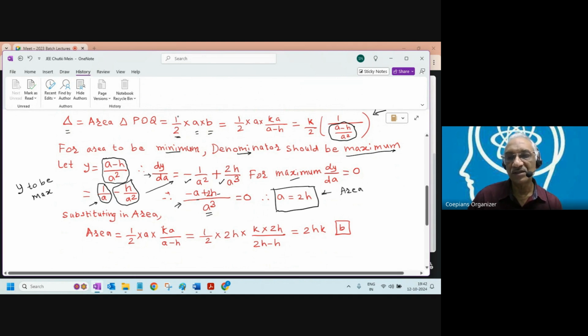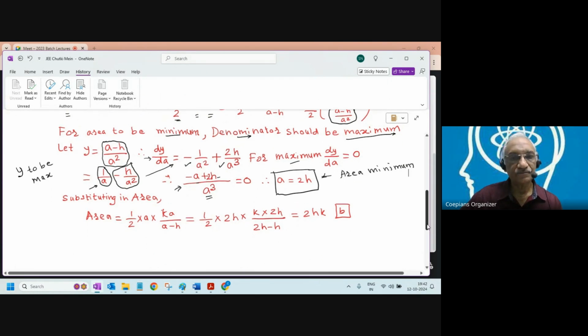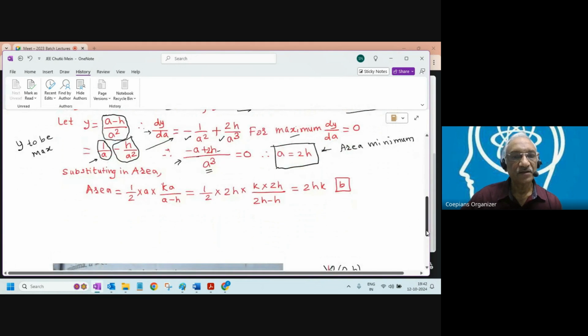Now I just substitute the value of a equal to 2h in the area equation we wrote earlier. By eliminating the variable, the 2 and 2 cancel, and so on. The final answer becomes 2HK, which is option B.